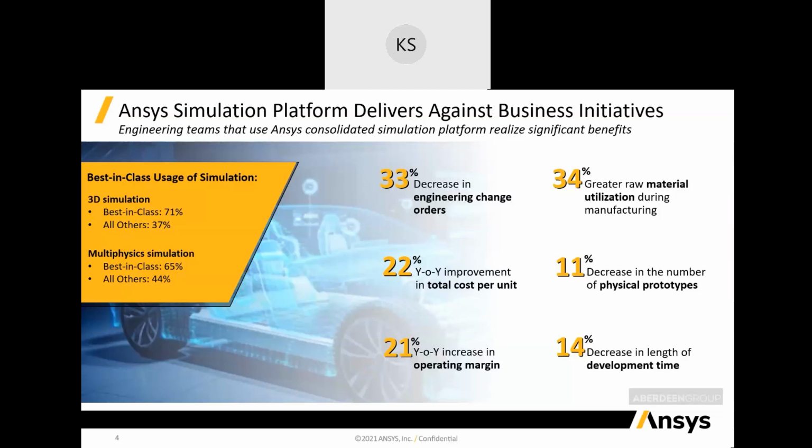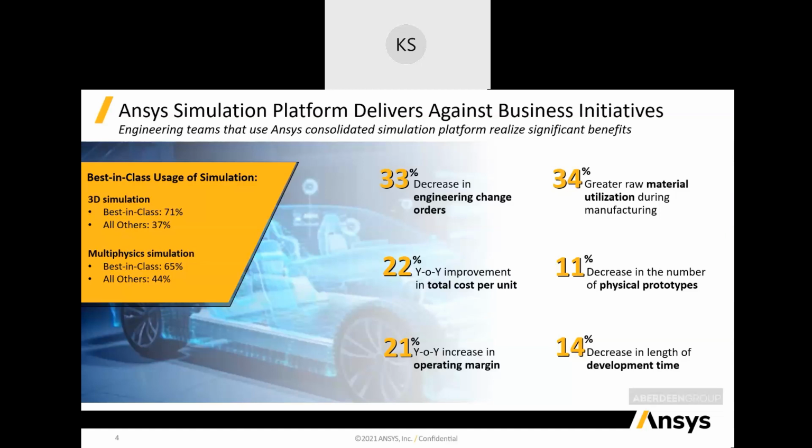So the Ansys simulation platform drives business initiatives. It gives a 33% decrease in engineering change orders. A lot of times we face issues because things are not working properly, and then it requires improvement every day. Because of market competition, it requires a cheaper but safer and better design.